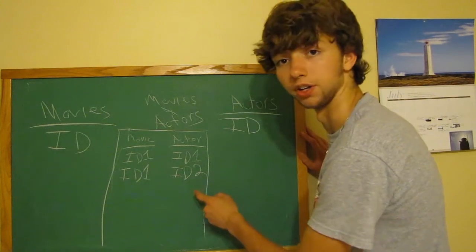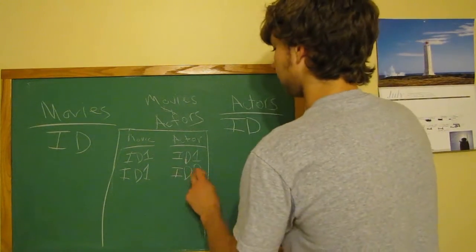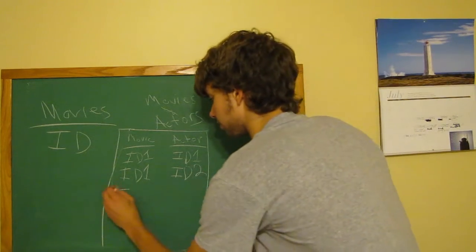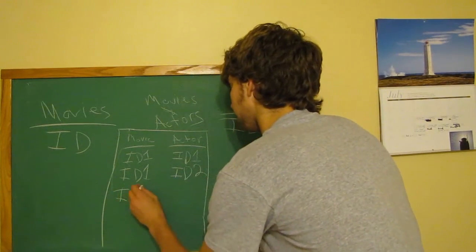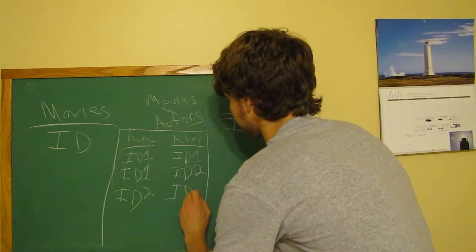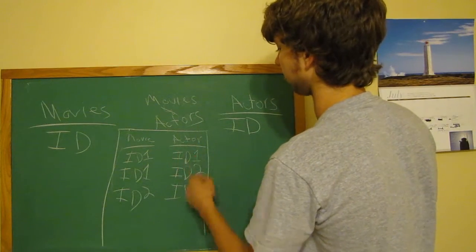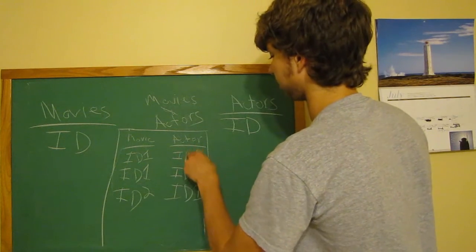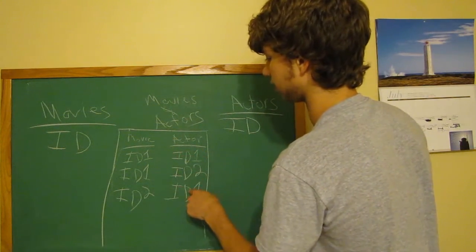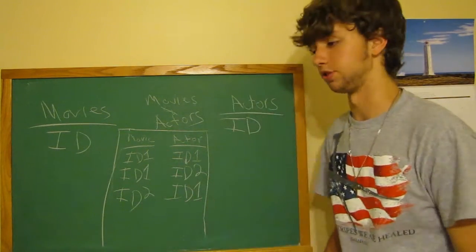What was his name? John, I think. Yeah, maybe. I don't know. They all had J's, but whatever. And then once you get to a new movie, you just change the ID to this. ID 2, and then you can have ID 1. So now, when you do the search, you can just replace the IDs with the name, so it would be Jim plays in movie 1 and in movie 2. So you can tell what movies Jim is in.